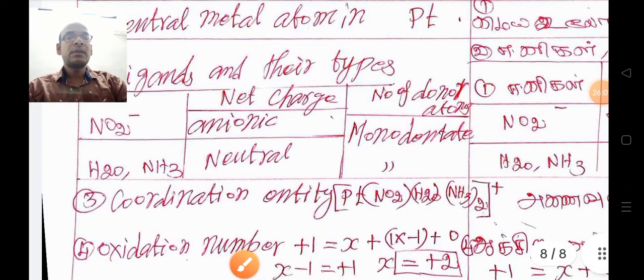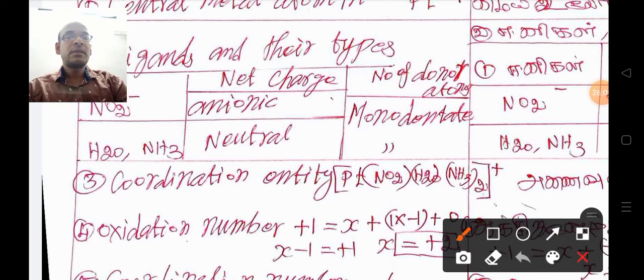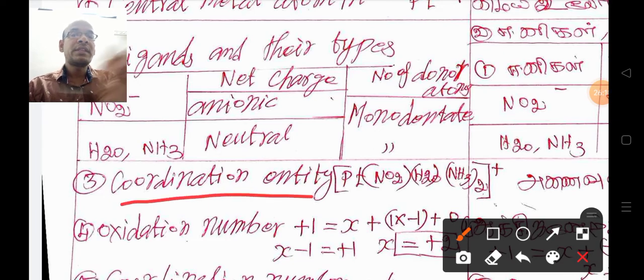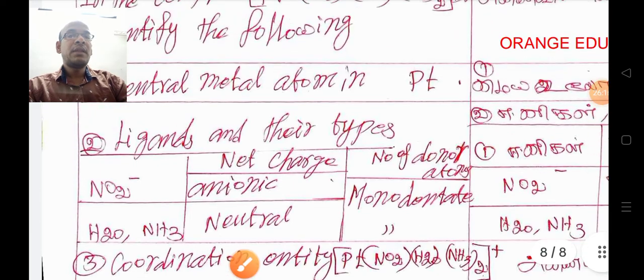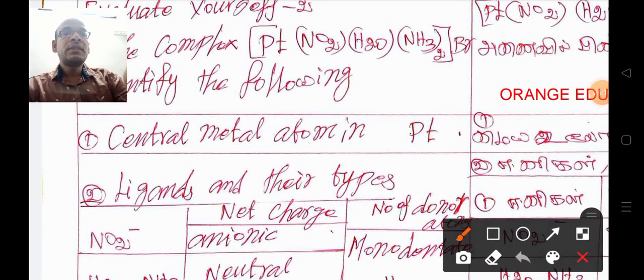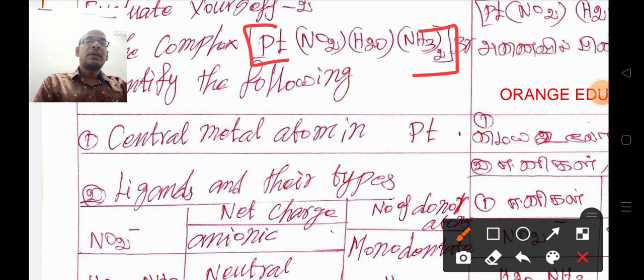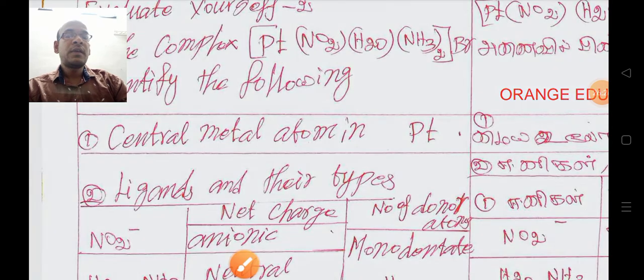Third question. Coordination entity. Coordination entity means, in this example, this square bracket area part is called the coordination entity.